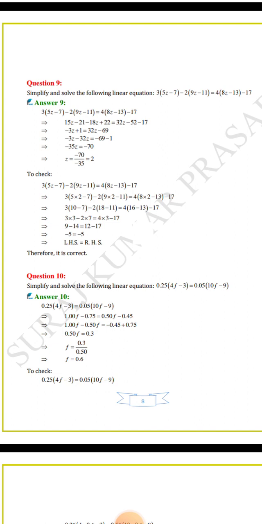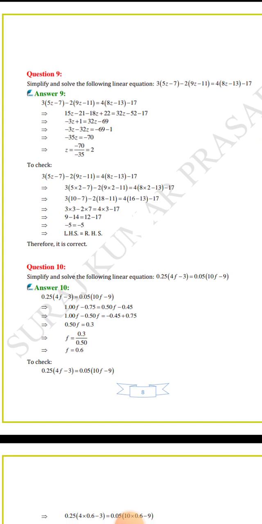Then 3 of 5z minus 7 minus 2 of 9z minus 11 equals 4 of 8z minus 13 minus 17. Then we get 3 of 5 into 2 minus 7 minus 2 of 9 into 2 minus 11 equals 4 of 8 into 2 minus 13 minus 17.